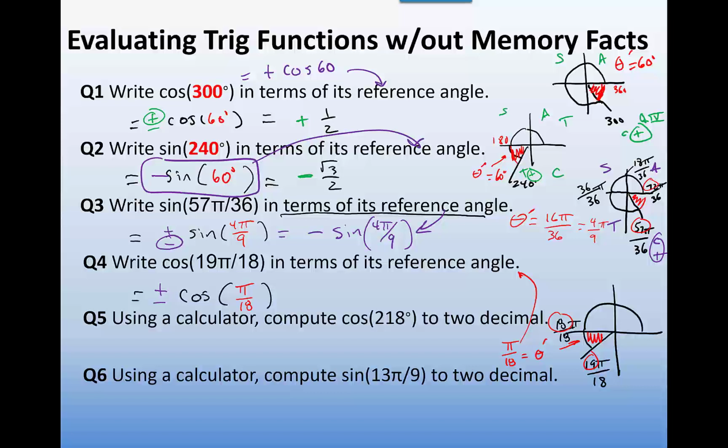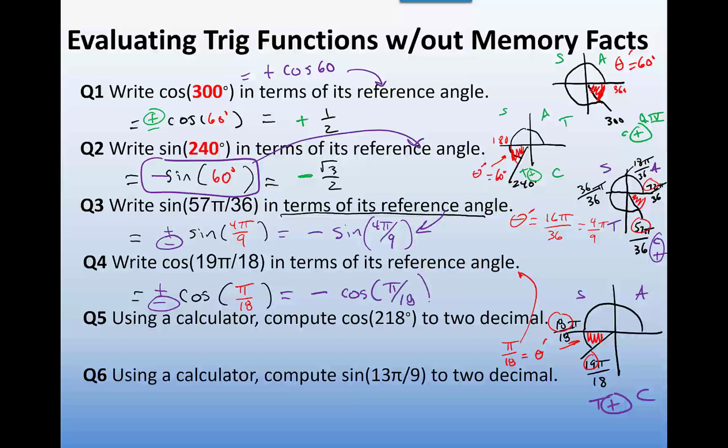Now the last decision there, positive or negative, we'll use our mnemonic memory device, a smart trig class, and we're in quadrant 3, tangent's positive down there, but that means cosine is negative. So here's my final answer.